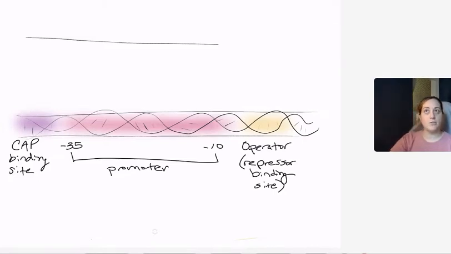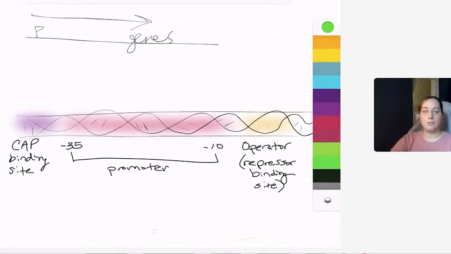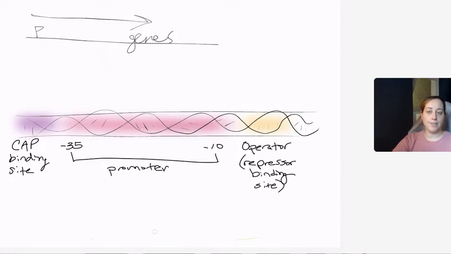The genes for beta-galactosidase and a couple of other proteins that are expressed when this operon is turned on are downstream of what we're looking at here. The P is for promoter, and the promoter is always going to be upstream of the genes, meaning that the RNA polymerase is going to start at the promoter and then get to the genes.